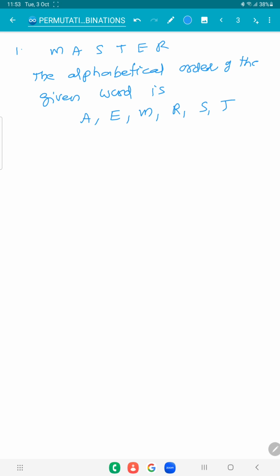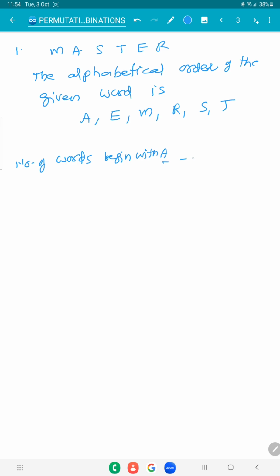We need the word master's rank. In dictionary order, first we have the words that begin with A, right? Number of words that begin with A.